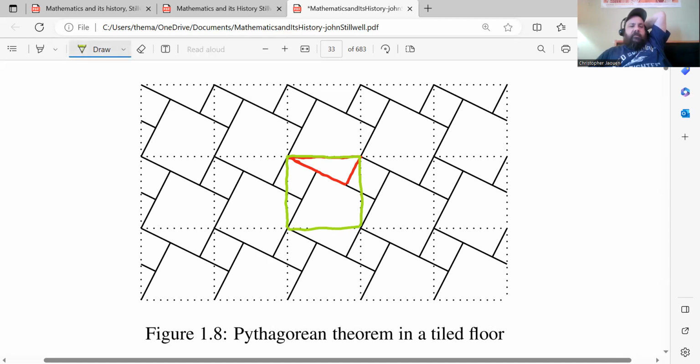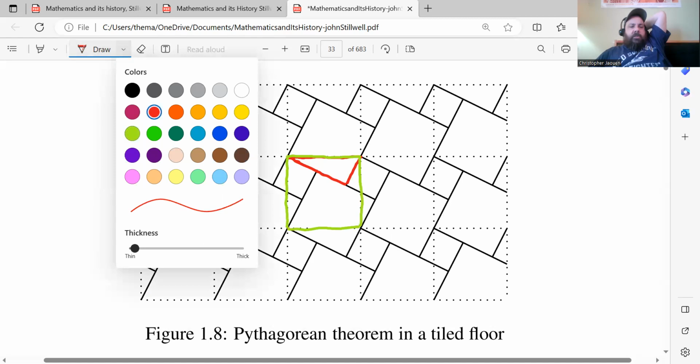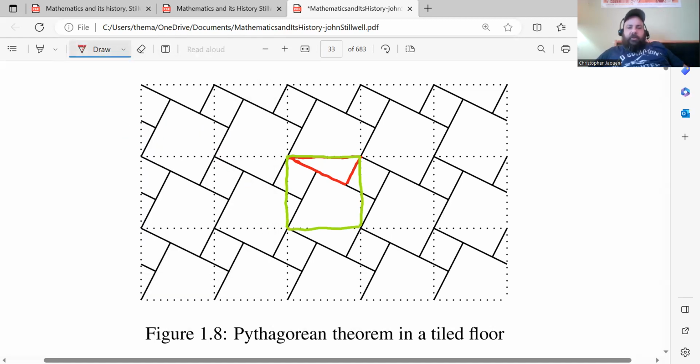And notice that if I highlight certain parts inside the square here, so the red triangle that I have here, plus this part here, and when I say plus, I mean the area of it, plus this part here, just fill it in to make it maybe a little bit more obvious.